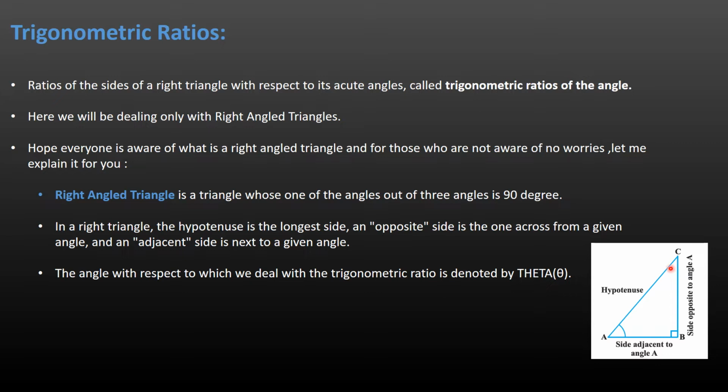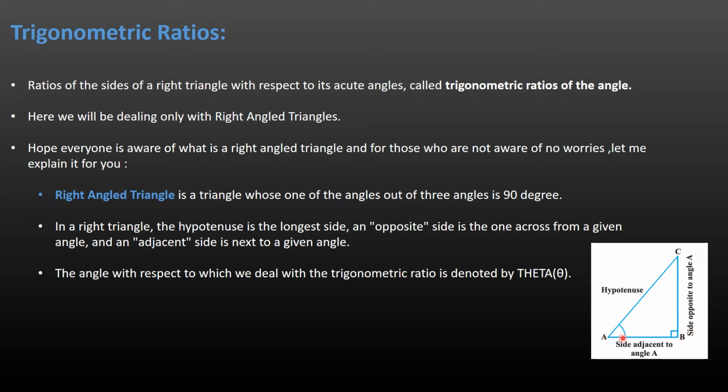will be, I mean, angle A and angle C will form acute angles. So with this, the trigonometric ratios are nothing but the ratio of the sides with respect to these acute angles, angle A and angle C. B will be our reference since it is a 90-degree angle.